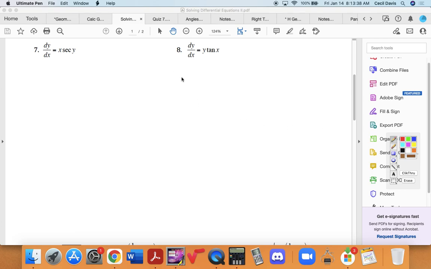So when you separate it, you have dy over y is equal to tangent of x dx. So far, so good. And it's that right side that it's like, how do I take the antiderivative of that?